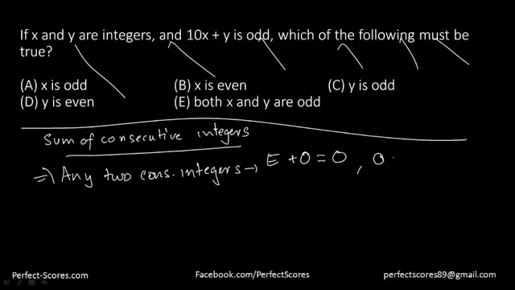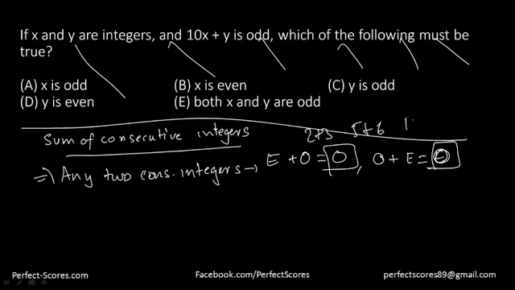If the first number is odd, the second number would be even, the sum would be odd again. So no matter what I do, the sum of any two consecutive integers like 2 plus 3, 5 plus 6, 21 plus 22, will always be an odd number.